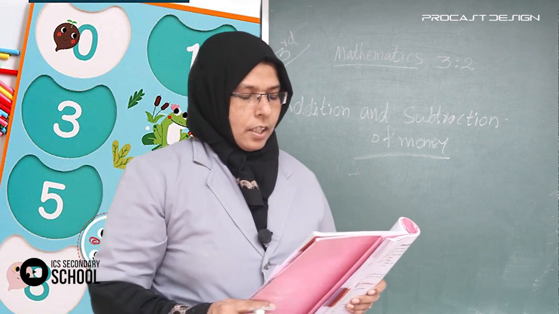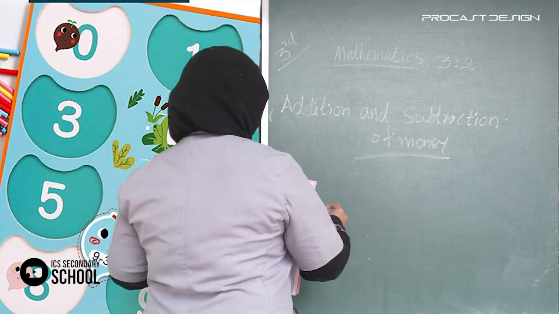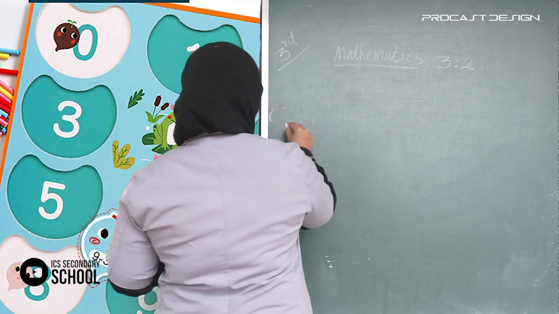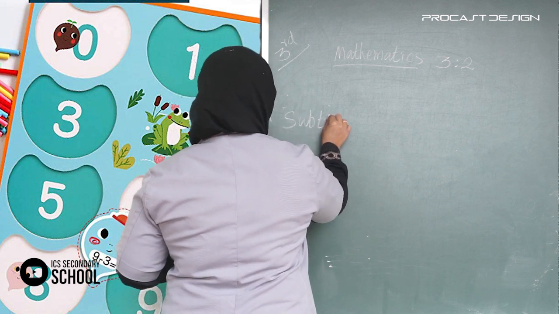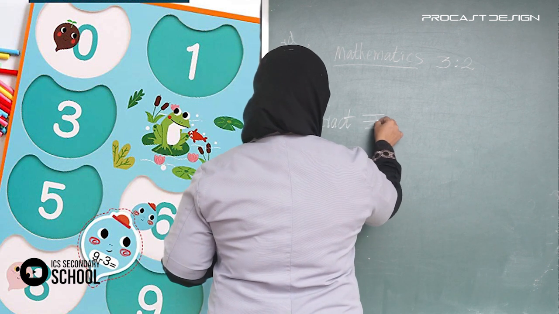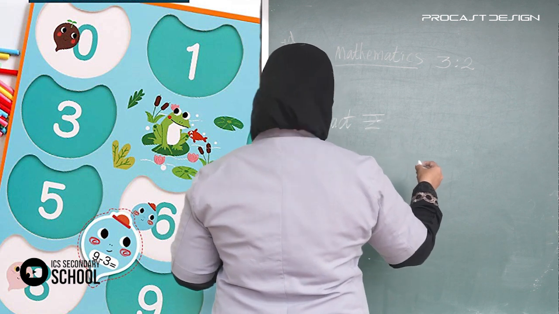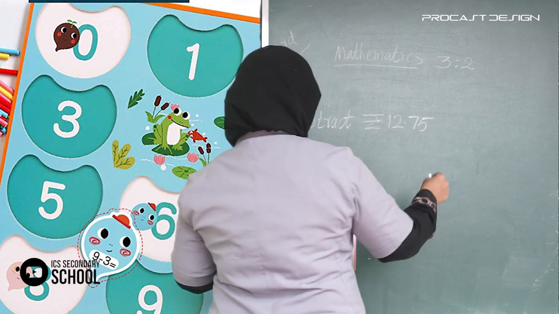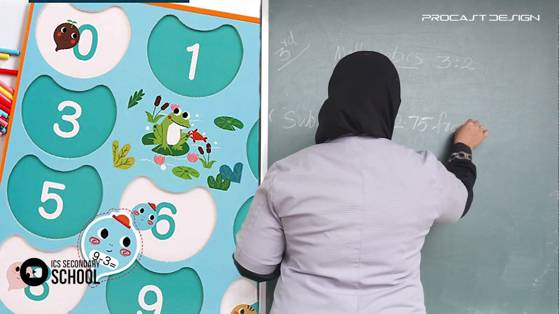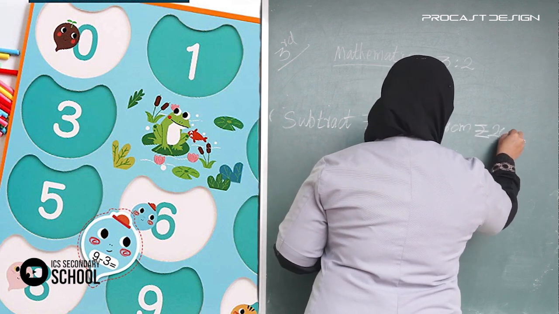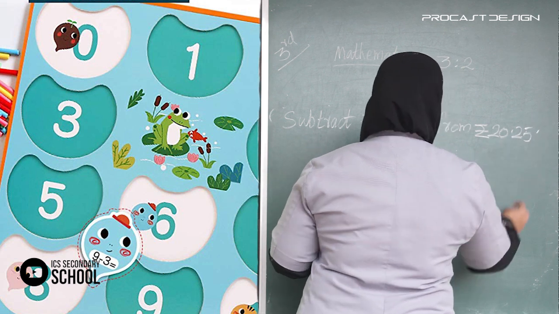Next, subtraction. Listen, subtract Rs 7.25 from Rs 20.75.